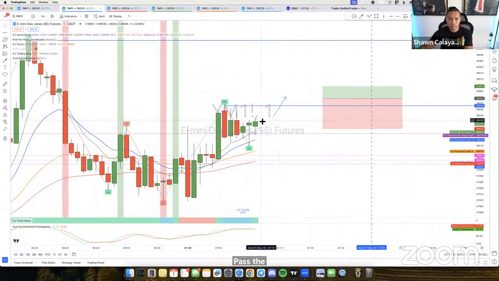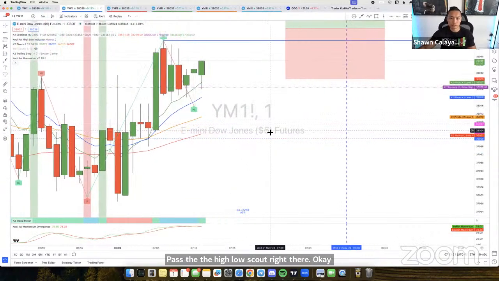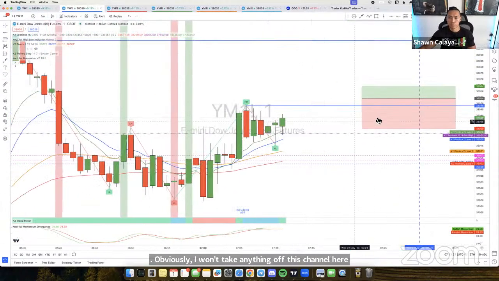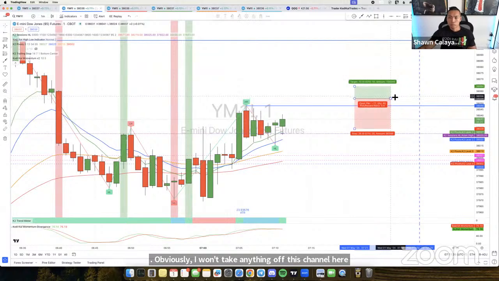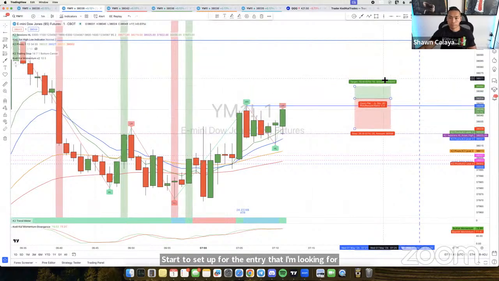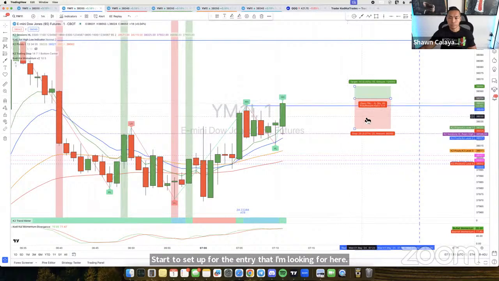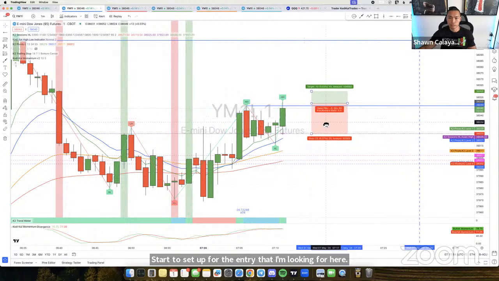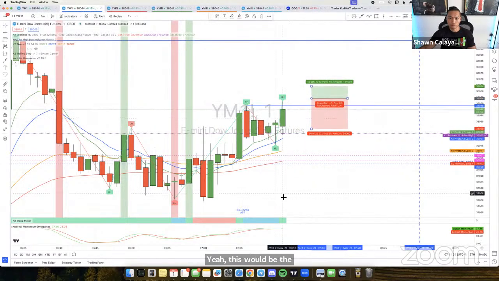Obviously, I won't take anything off this candle here because it is touching the sessions. But it's starting to set up for the entry that I'm looking for here. And this would be the entry, but I'm not looking for this one here, at least not yet.